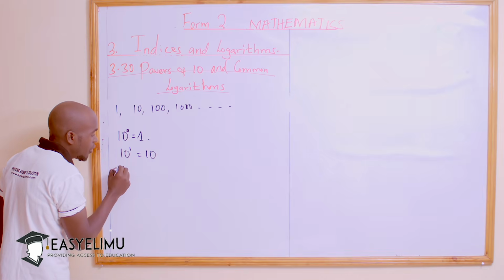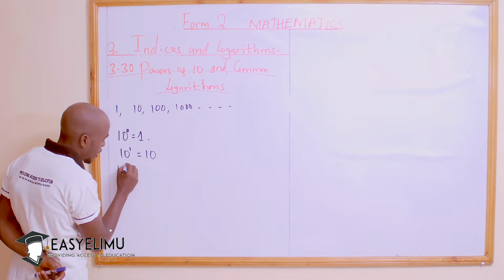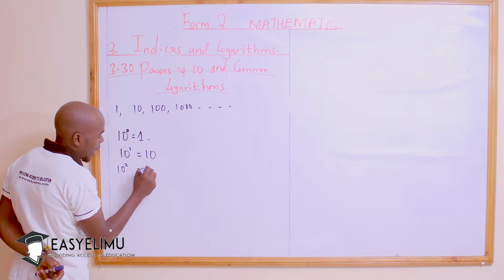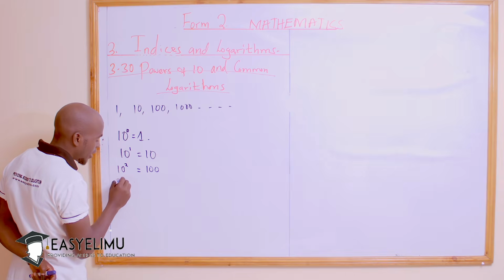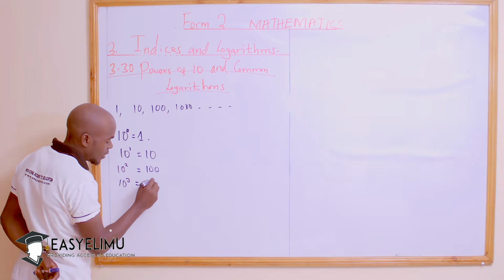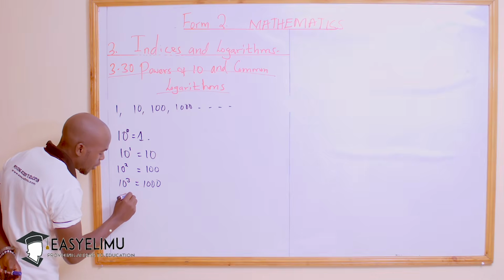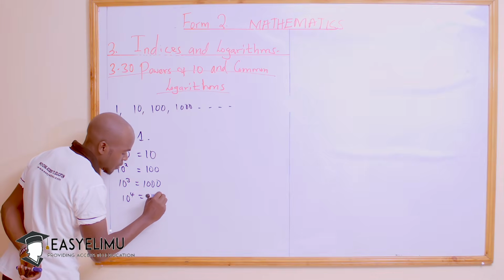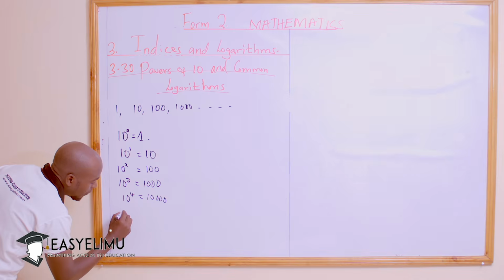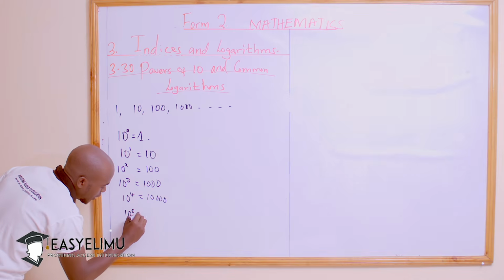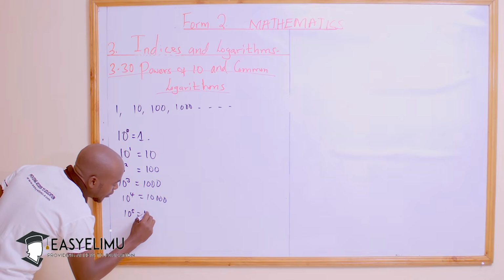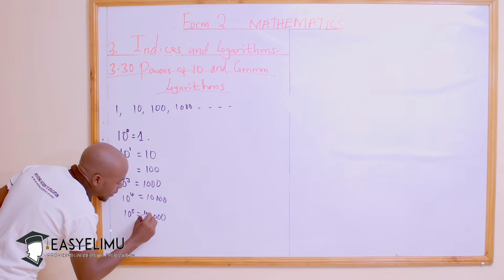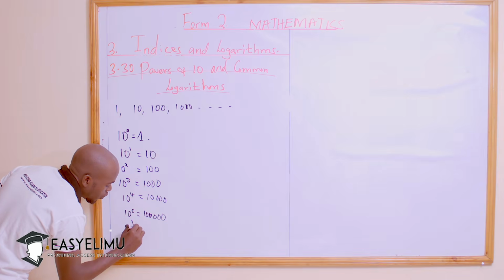If it is 100, it shall be 10 raised to power 2. If it is power 3, you will get 1,000. And if it is power 4, it's 10,000. And if it is power 5, it is equal to 100,000. And this process continues onwards.